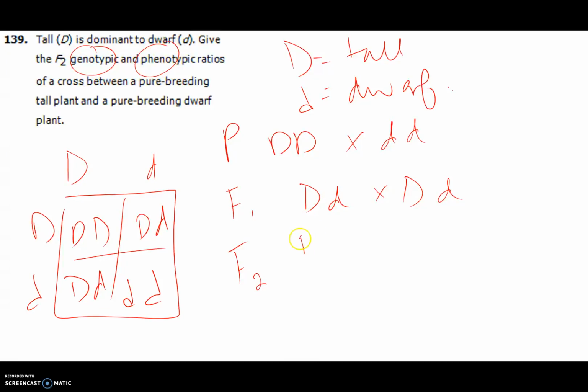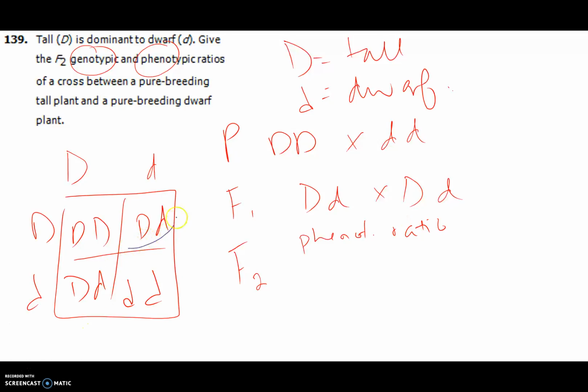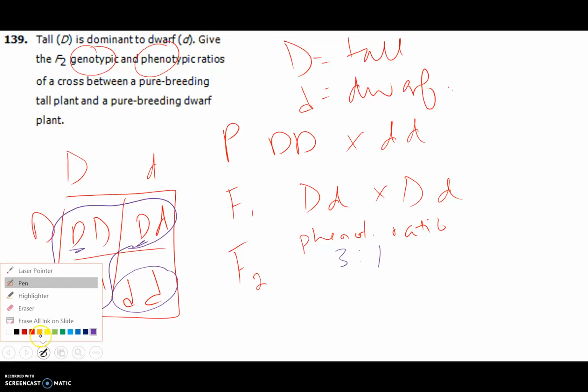To do my phenotypic ratio, I see that I have 3 that are tall. You can see they all have that dominant allele. And then I have 1 that is dwarf, so my phenotypic ratio is 3:1.